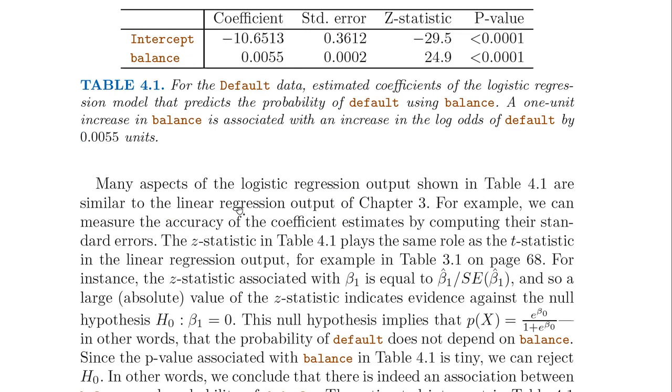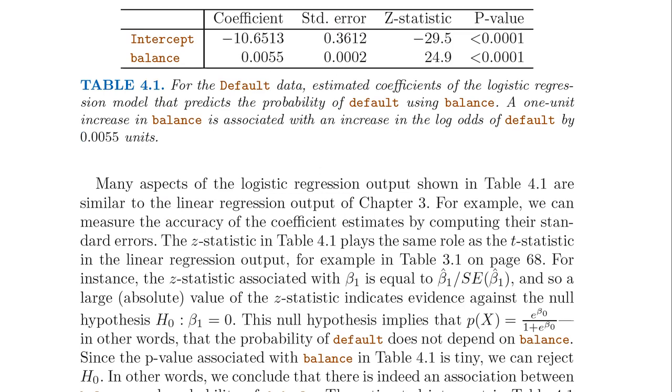Many aspects of the logistic regression output shown in table 4.1 are similar to the linear regression output of chapter 3. For example, we can measure the accuracy of the coefficient estimates by computing their standard errors.